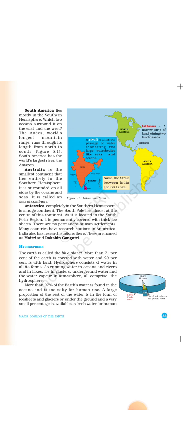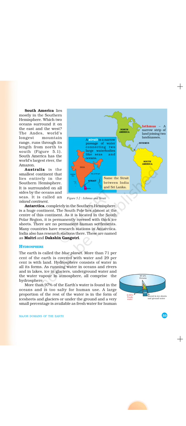Now Antarctica lies completely in the southern hemisphere and is a huge continent. The South Pole lies almost at the center of this continent, and as it is located in the south polar region, it is covered with thick ice all the time. Here India has research stations named Maitri and Dakshin Gangotri.